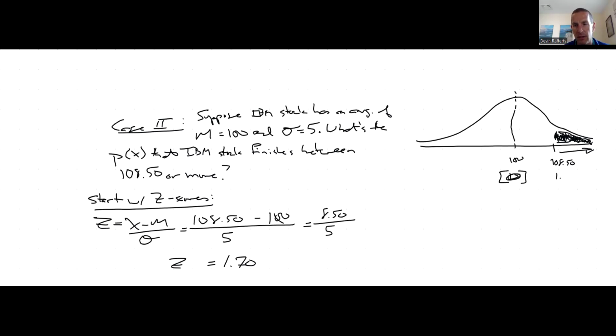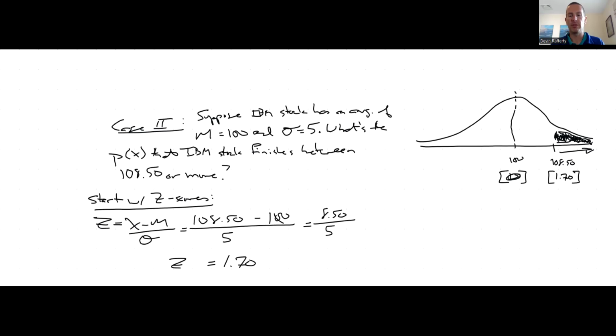And then this x is 1.70. So that means that a stock price of $108.50 is exactly 1.7 standard deviations above what's considered normal.